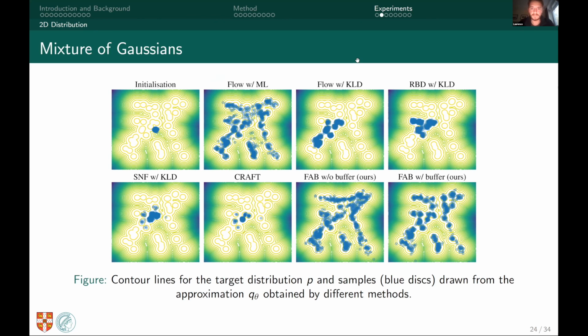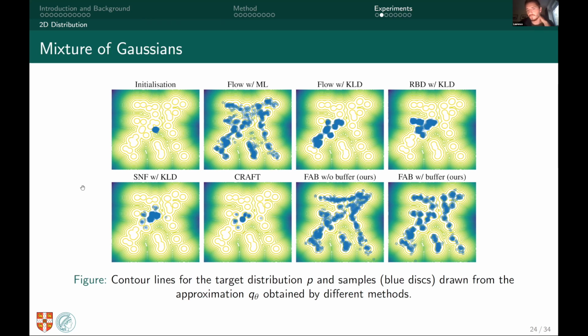Then we have a variety of methods that aren't using these samples from maximum likelihood. We have flow with KL divergence, which is minimizing reverse KL divergence estimated with samples from the flow. You can see that it just fits a subset of the modes in the target distribution.